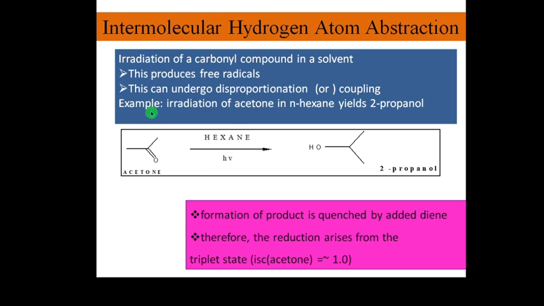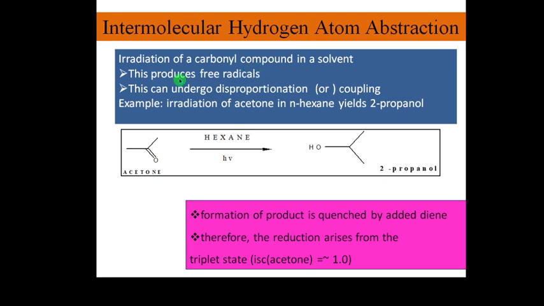So here, in the case of acetone, photolysis of acetone in hexane results in 2-propanol. It is one kind of intermolecular hydrogen atom abstraction reaction. Simply, any carbonyl compound in solvent goes as an example of intermolecular hydrogen atom abstraction.